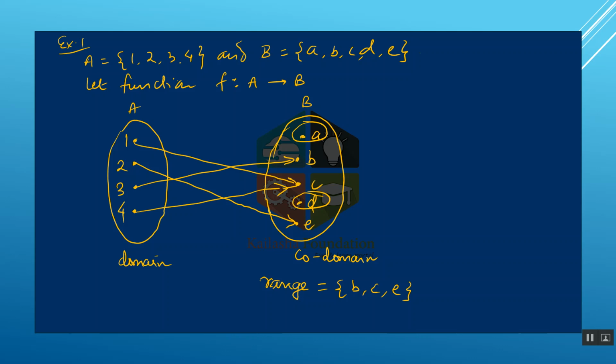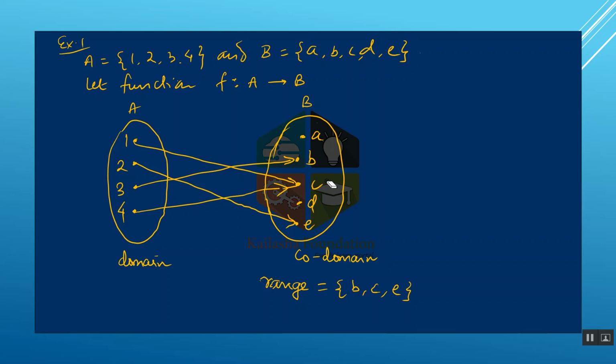Now can we say that the given function is a valid function? Yes. Why? Because all inputs are getting an output, and no input is getting more than one output. A few students are confused and say, sir, see here, for c we have two inputs, 1 and 4.